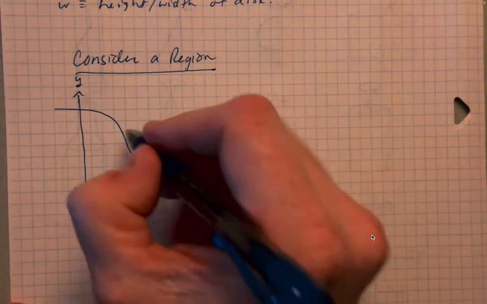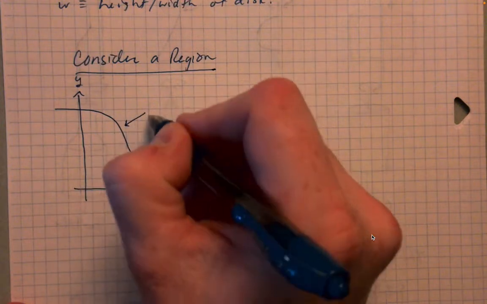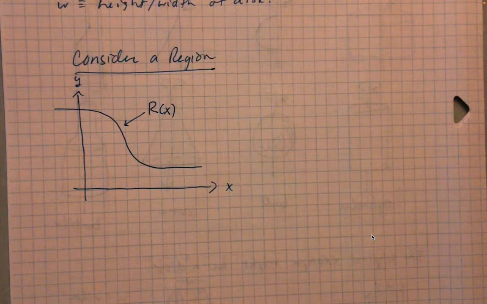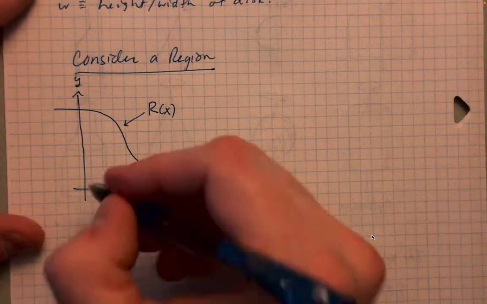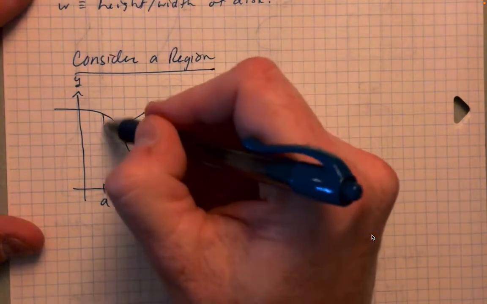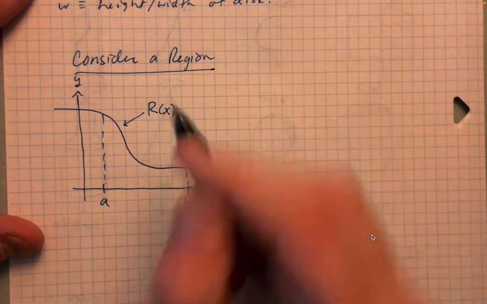I'm just going to name it r of x. Obviously, people see that r and think, okay, radius, that's going to have something to do with it. Just don't worry about that yet. We'll get to that in a second. And there's some region here that we're interested in, A to B, right?